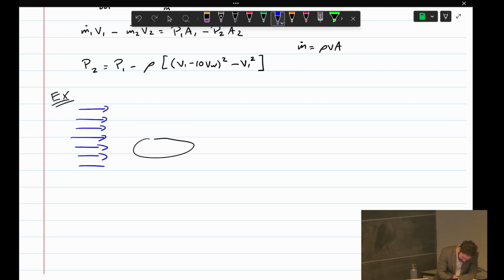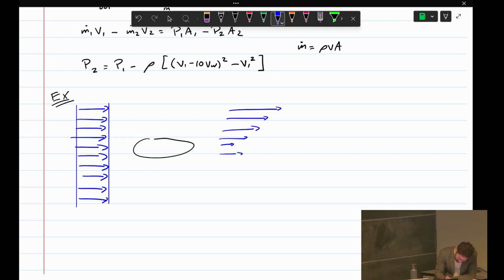So we have a uniform inflow. We have a uniform velocity profile coming into this object. And then our velocity profile after the object, we're going to assume, is a linear velocity profile.